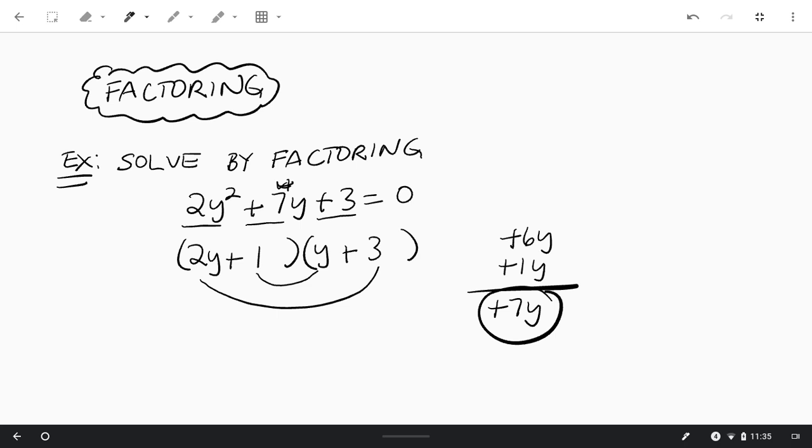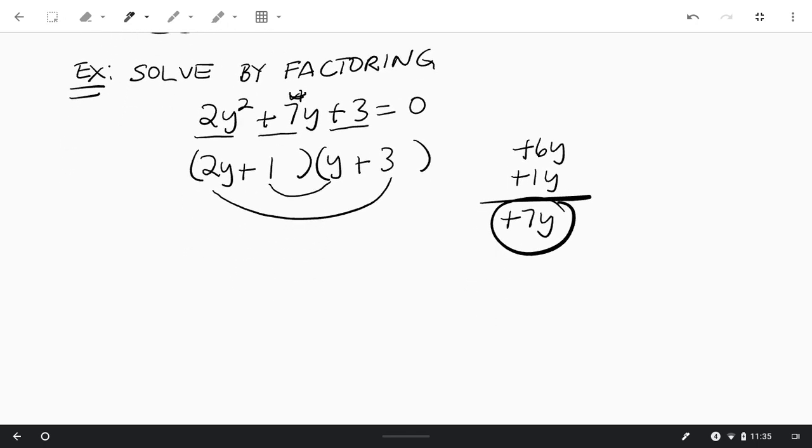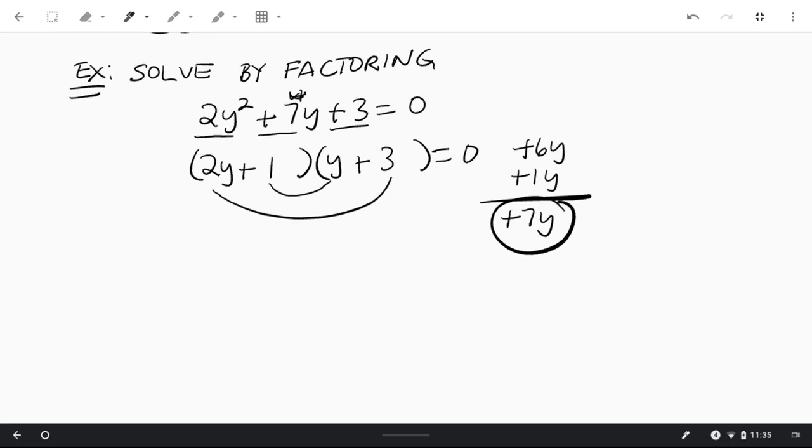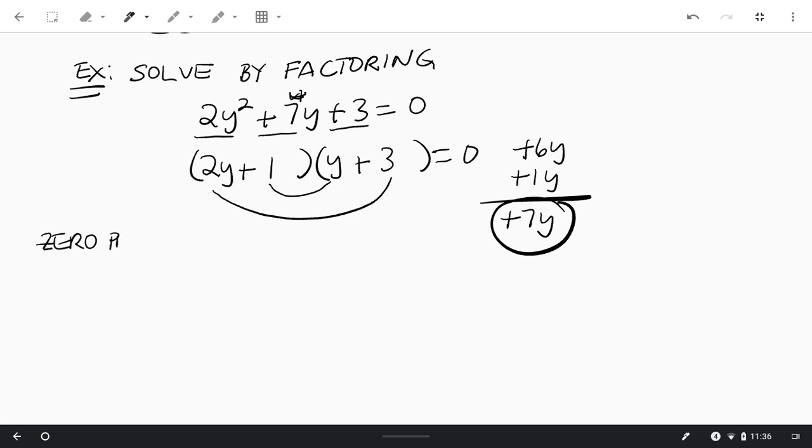Oftentimes students don't check the middle term and they think they factored correctly, but it is not. So make sure you check that. Once you have the correct factors, we use the zero property. Let me write it over here off to the side if you don't remember.